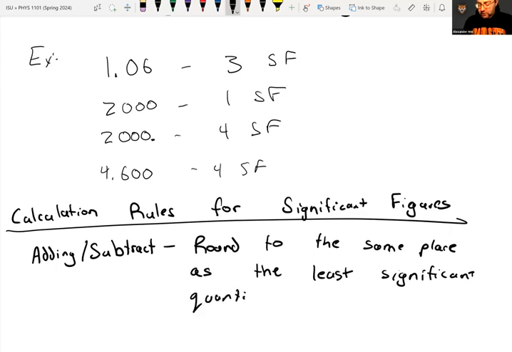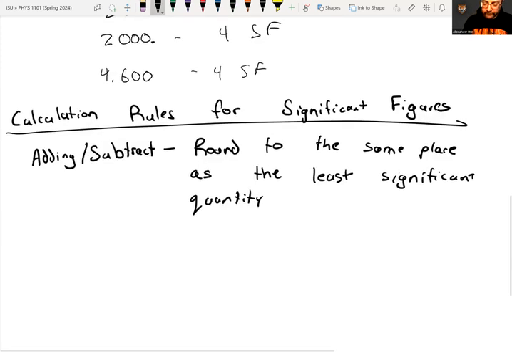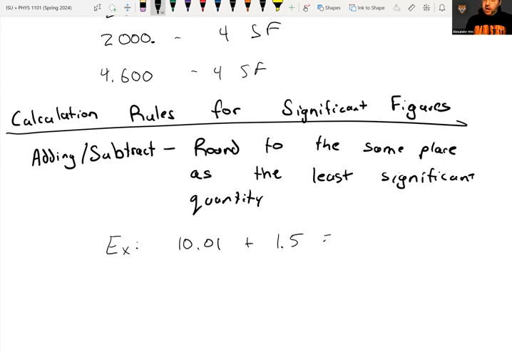Okay. So, for example, just to give you a simple one, if we had something like 10.01 plus 1.5, basically what we'd say is this one has 4 sig figs. This one has 2 sig figs, which means we're going to round not to 2 sig figs, but to the same place as this least significant number. So we're going to round to the same place as that one.